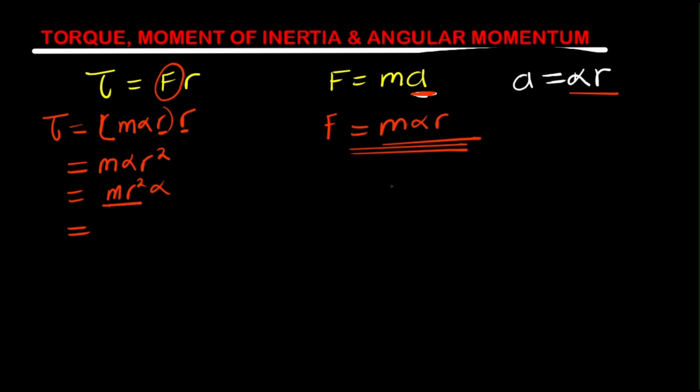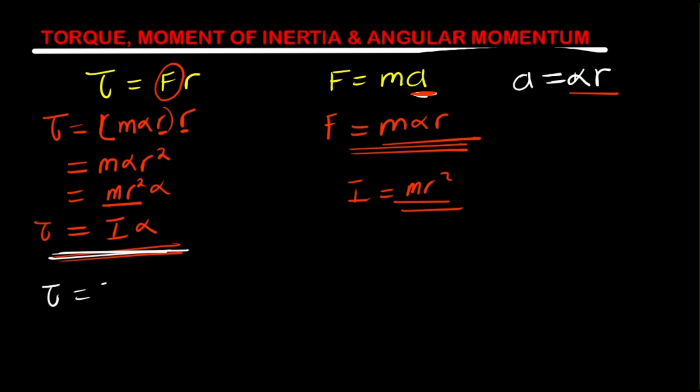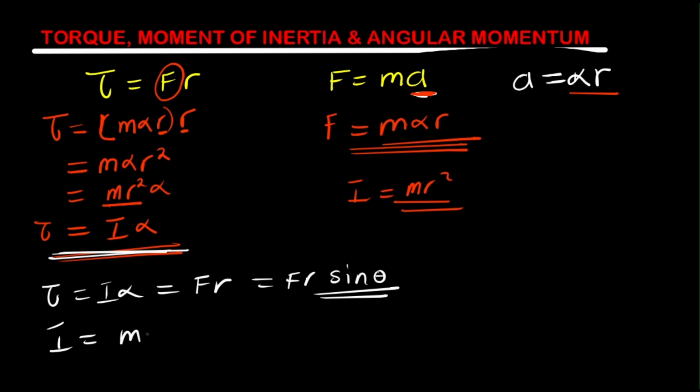This part mr squared is the moment of inertia. So that is another formula that you use when you have torque: torque is equal to moment of inertia times angular acceleration. Again, torque is equal to force times radius. Again, torque is equal to force times radius sine theta, if you have been given the angle, and the moment of inertia is equal to mr squared. That is all.